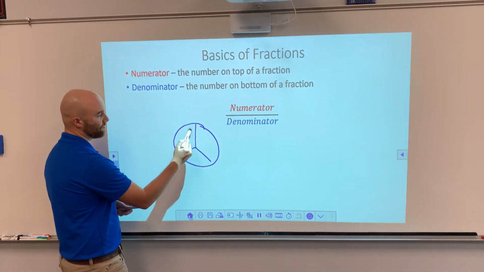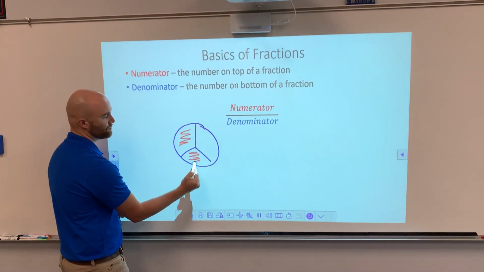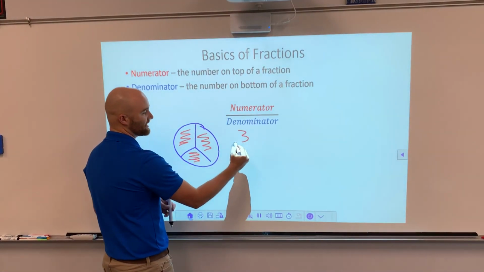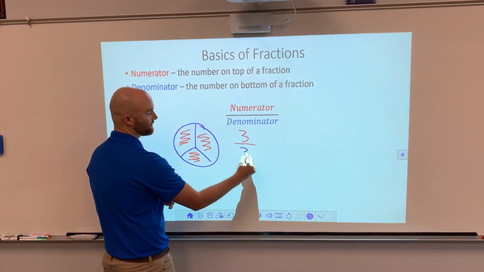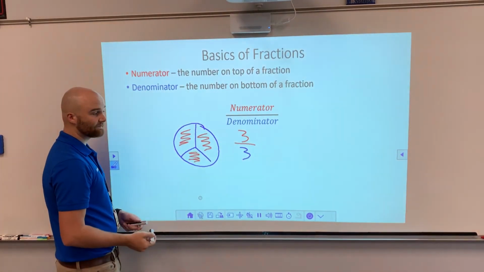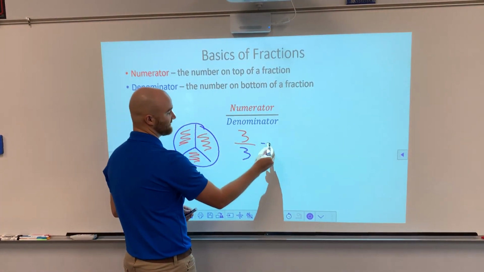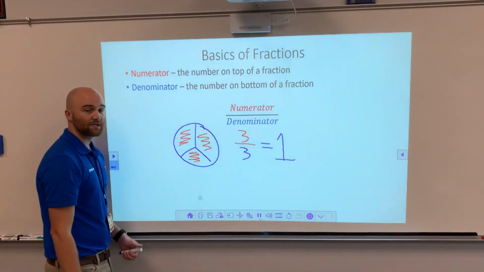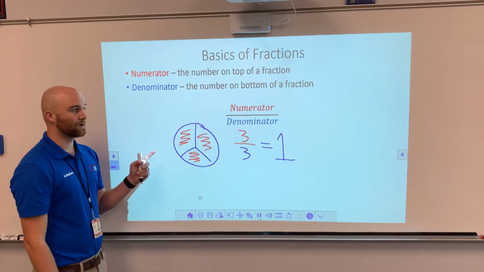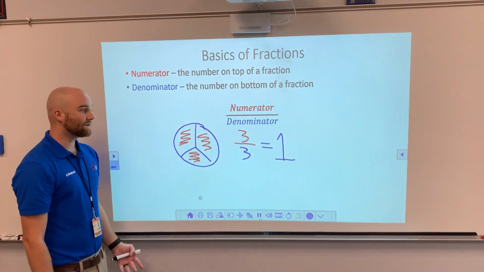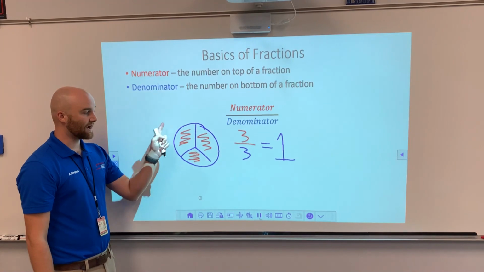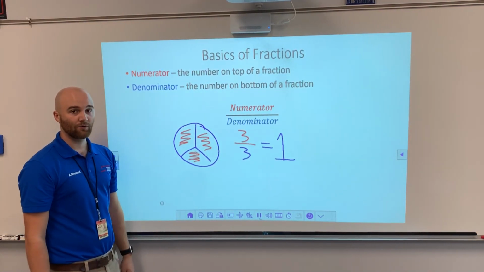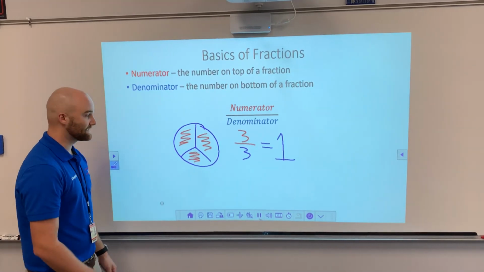If I shade 1, 2, 3 parts, that means I have 3 parts shaded out of 3, which I can simplify down by saying that's the same thing as one whole. 3/3 is the same thing as one whole. Well, that means that if I combine together a fraction where I've got a whole, along with a fraction where I don't have a whole, I might end up with something called a mixed number.